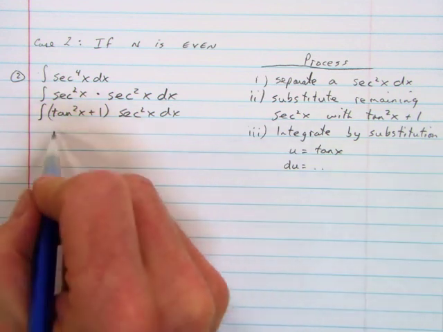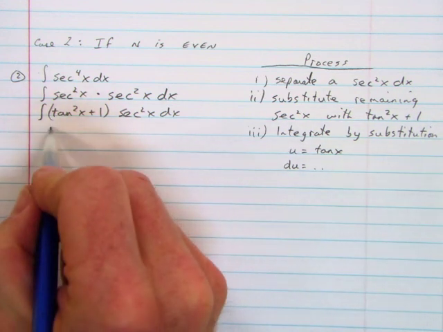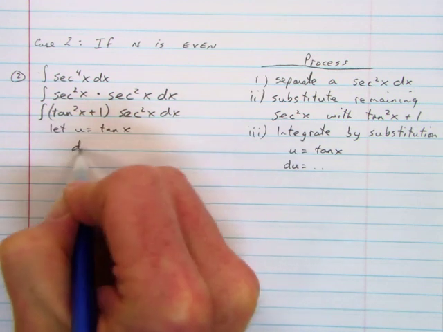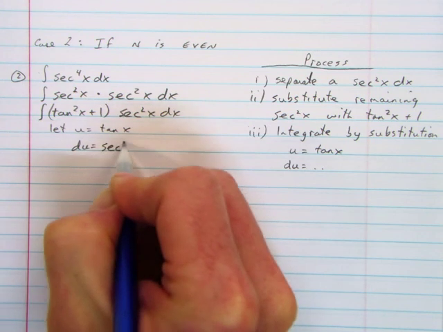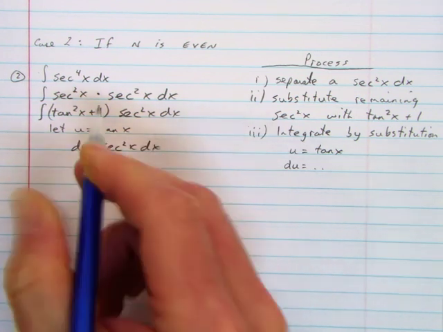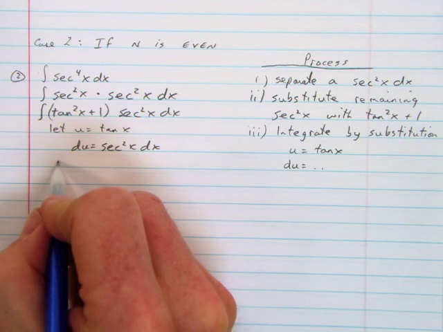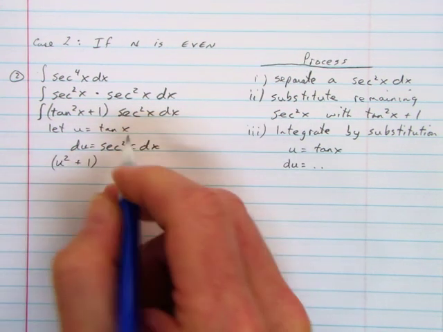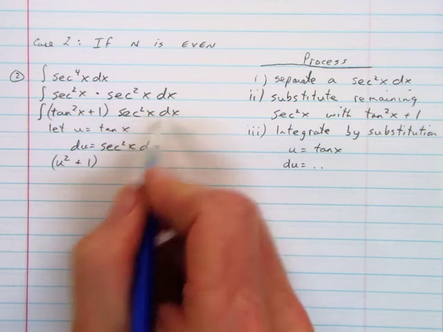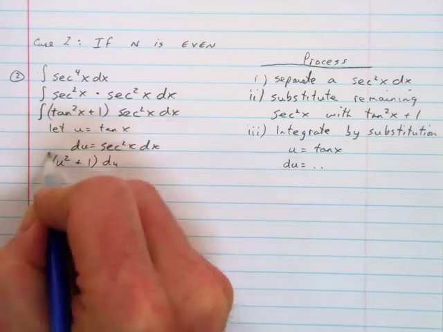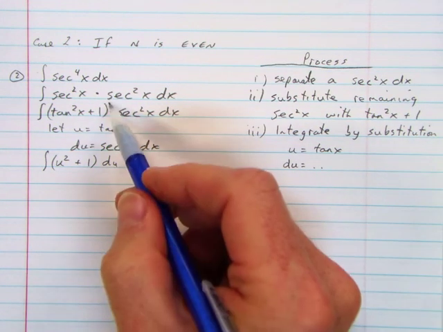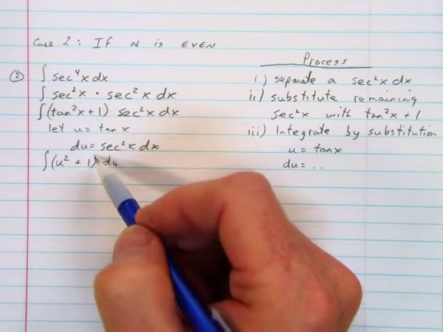So let's apply that to this problem. Let u equal tan x, du is secant squared x dx, and let's substitute in. If we have u squared plus 1 times du, and then integrate that. This is pretty straightforward. And you can see if we had a power here, if it was squared, then we'd have to square this out.